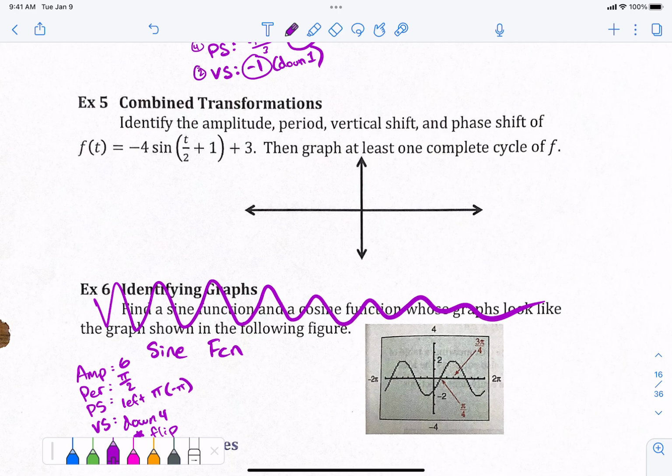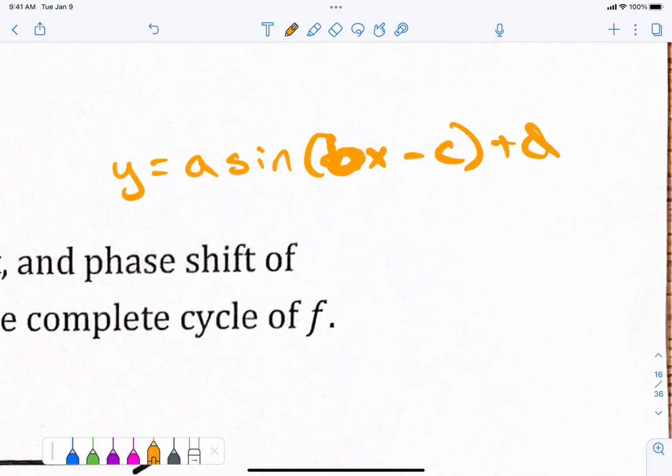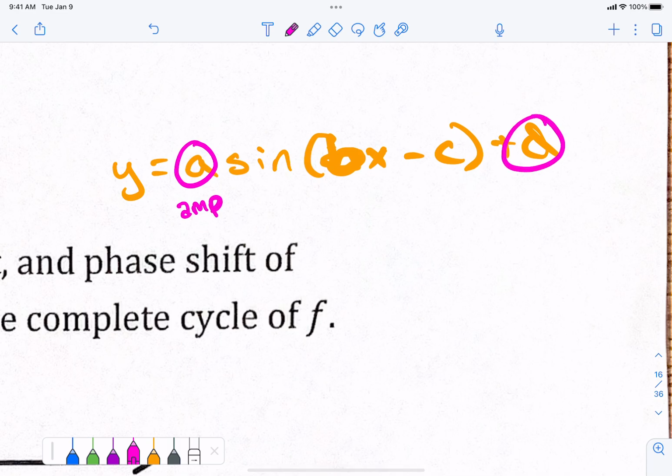This is phase shift, and I said it was the hardest of the 4 things that you're doing. Just as a review from yesterday, we have a sine or a cosine function: A sine of Bx minus C, plus D. Each one of those tells you a certain thing. A is amplitude, D is the vertical shift.